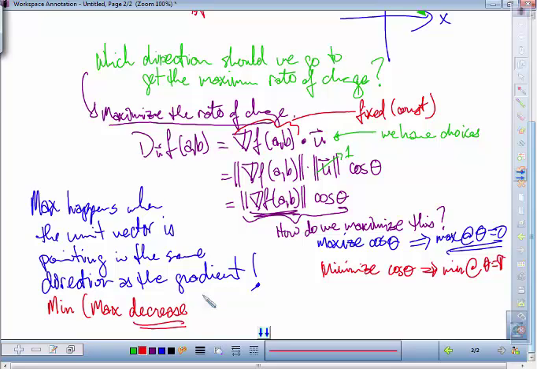So the minimum value is the complete opposite in sign, positive to negative, and that would result in a decrease.